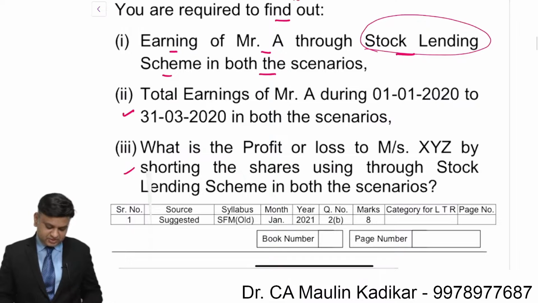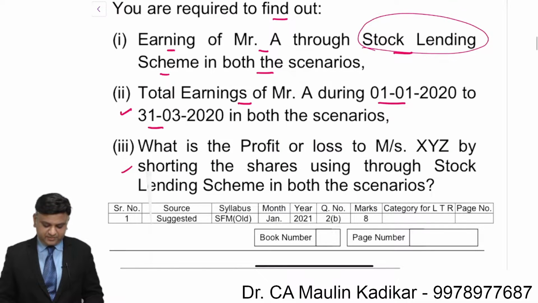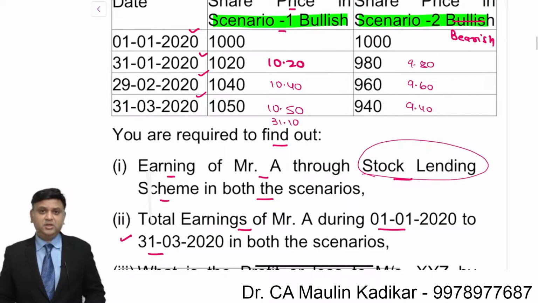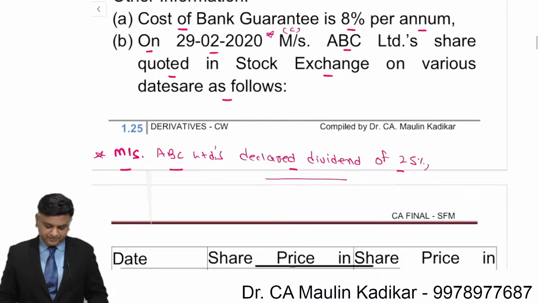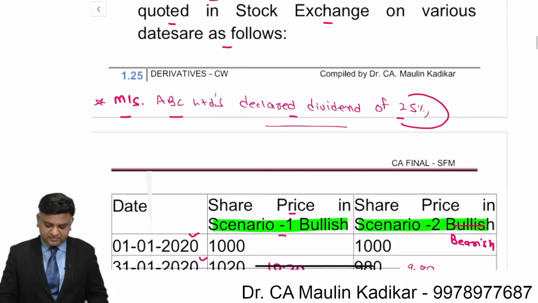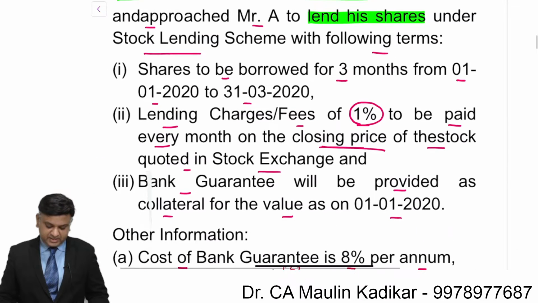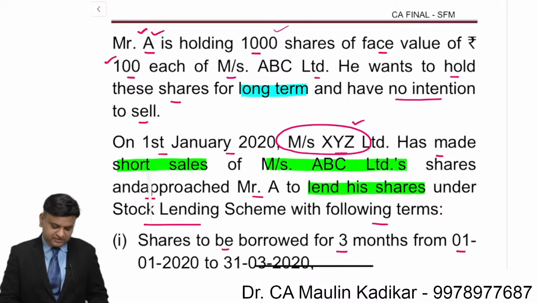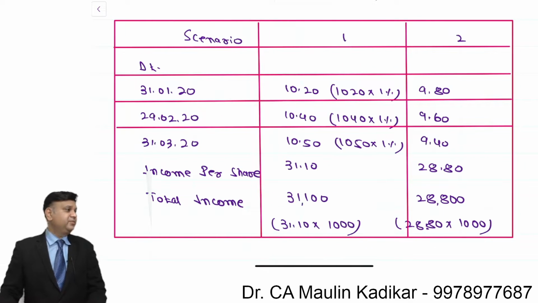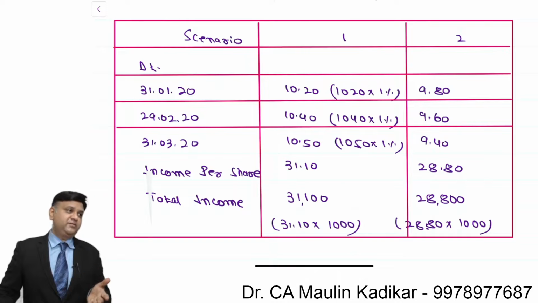The second part of the question is the total earning of Mr. A during 1st of January to 31st of March in both the scenarios. So we understand that Mr. A will receive the lending charges, and over and above that he will also receive the dividend. The rate of dividend is provided as 25% and the face value is given as 100. So 100 into 25% is 25 rupees as dividend, plus the amount received on lending of the stock.